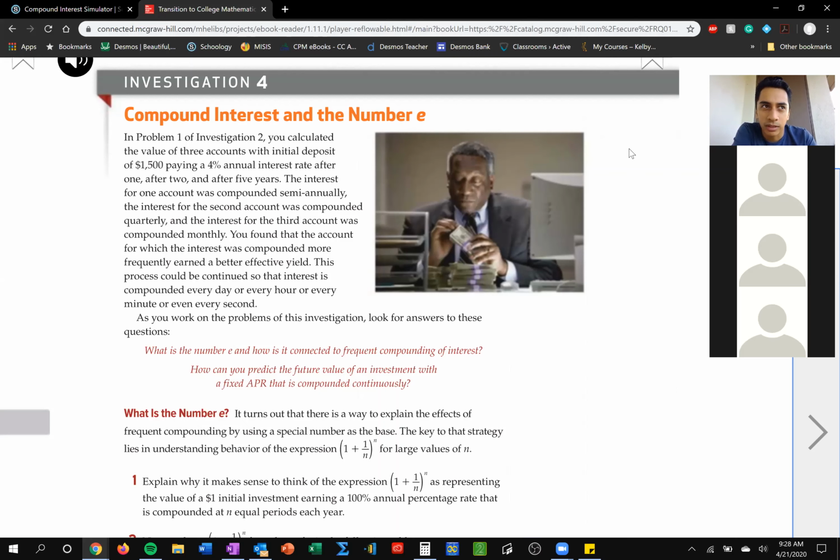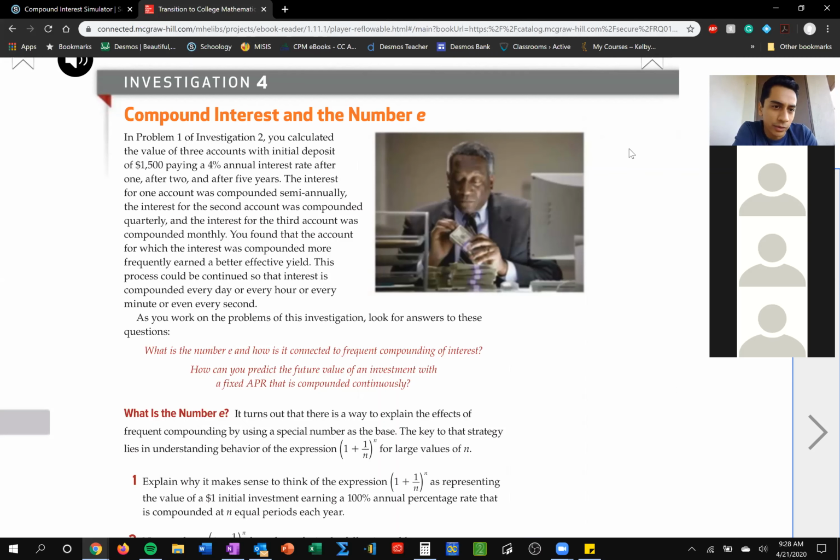What is continuous? It just means it doesn't stop. At every single moment, there is a very small percentage in which your interest was compounded, okay? So it's very hard to calculate. Therefore, that's why the number E is also kind of hard to conceptualize, very much like pi, all right?